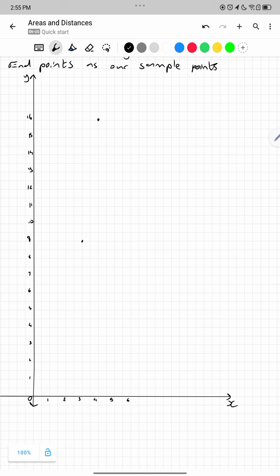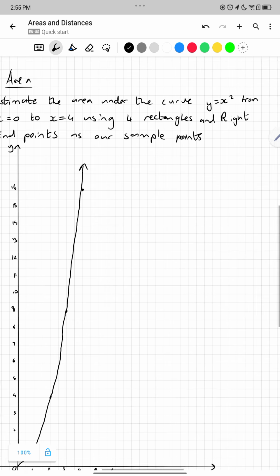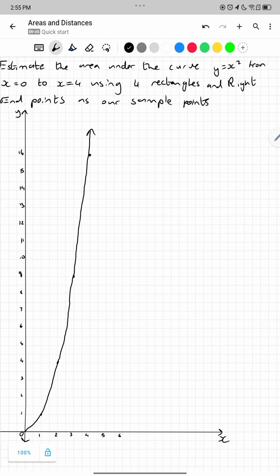At 2 we have 4. At 1 we have 1. And it goes something like this. Right? And they said we should use our right endpoints. So basically these points.